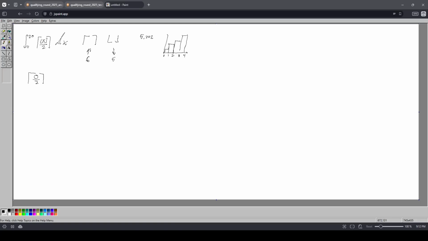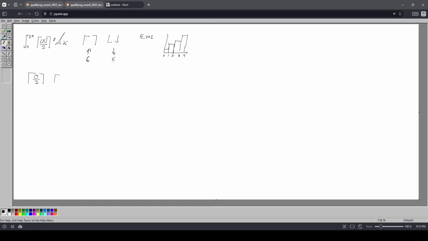So from 0 to 1, you're going to be the same number. Which means that you can just treat it as the base is 1 and then the height's whatever the value is.